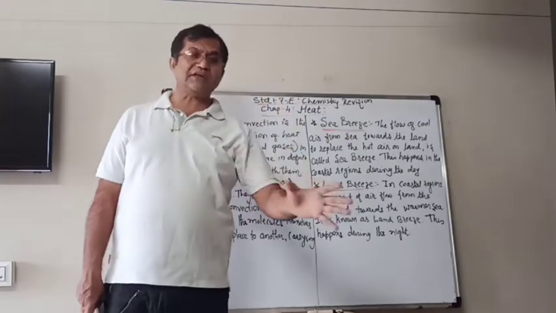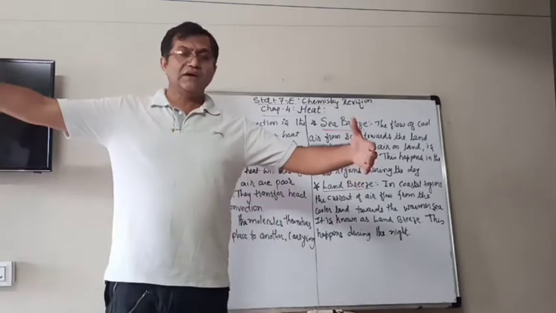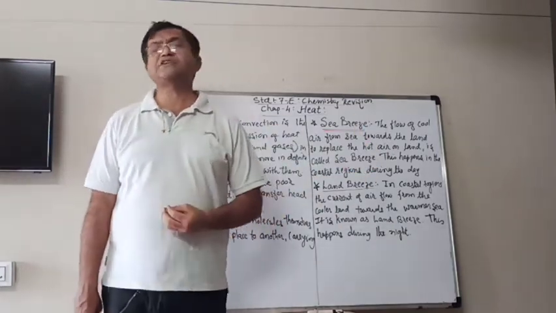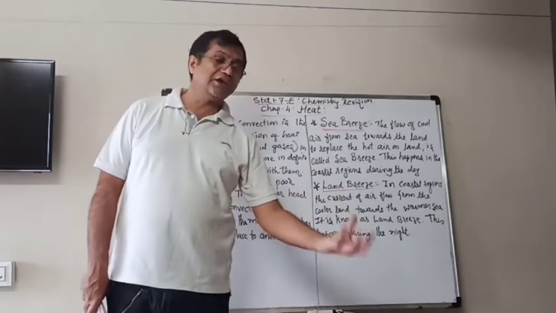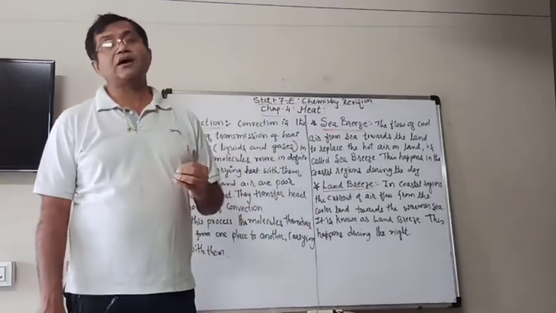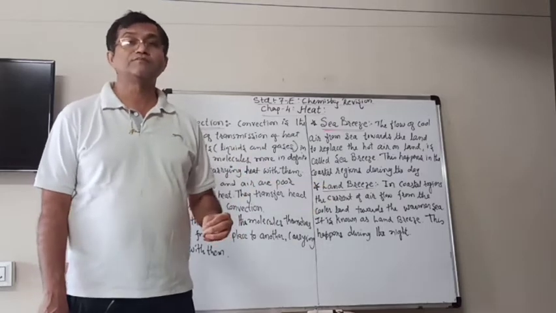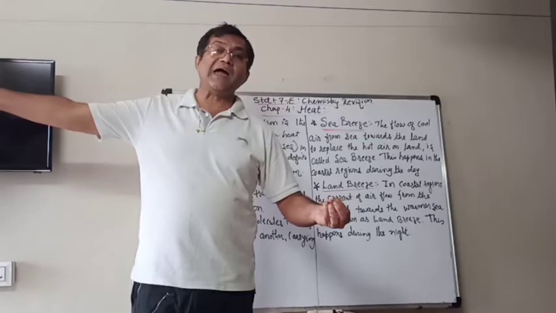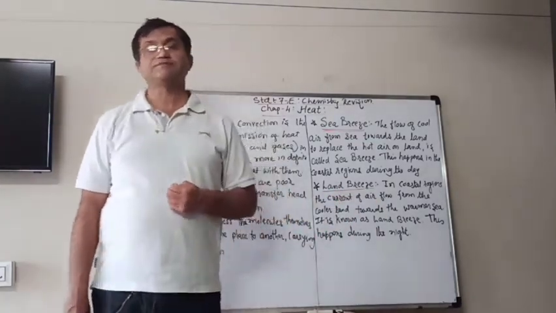Therefore there is a depression, meaning a difference of pressure takes place, and on the land there will be a part in which the pressure is low. So from the high pressure the air will move from the sea towards the land.